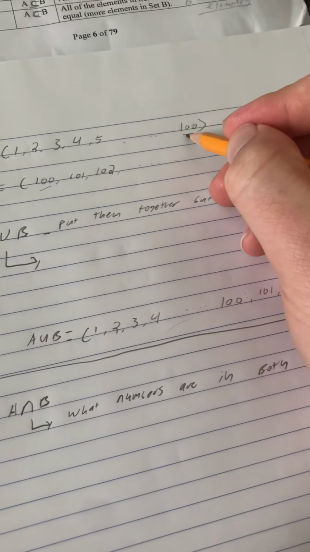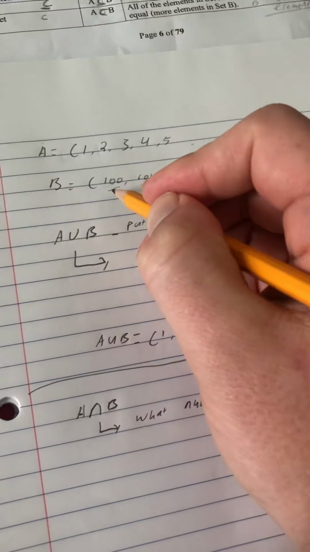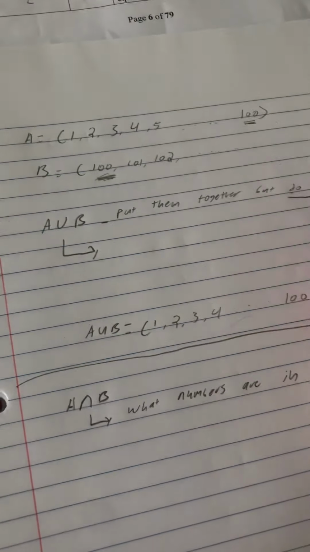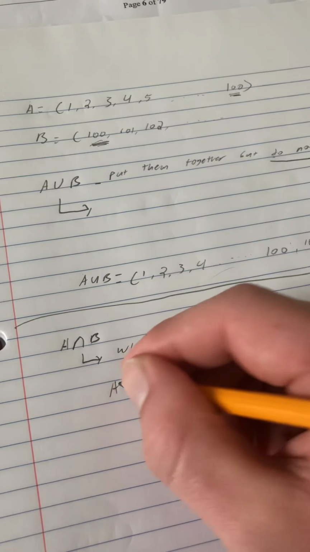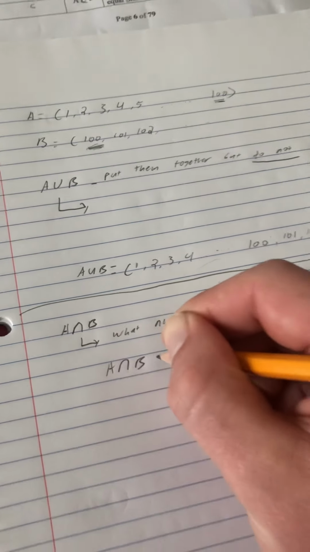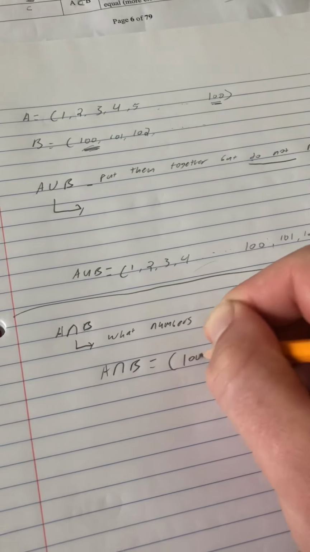What numbers are in both sets A and set B? Well, let's take a look. We have 100 in set A, and we have 100 in set B. That's the only number that they share. So A intersection B is equal to 100. Boom. Able to get that pretty easy.